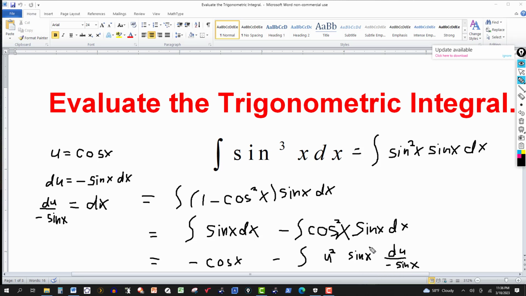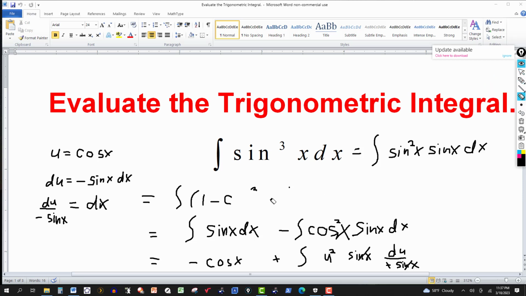And we notice here that the sines are going to cancel out. I have a du over a negative, and this negative will make the minus in front a positive. So this will become a plus because of this negative here.